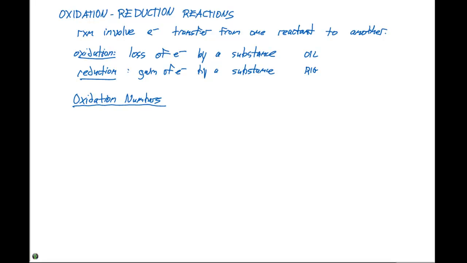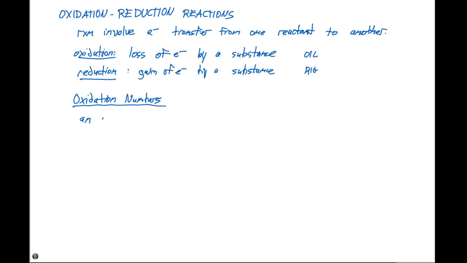When we look at electrons, they cannot be created or destroyed. So oxidation cannot occur without reduction, and reduction cannot occur without oxidation. So these oxidation numbers are going to allow us to come up with some rules to keep track of everything that's going on.